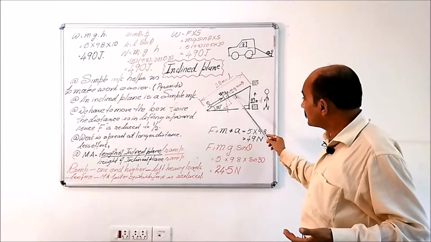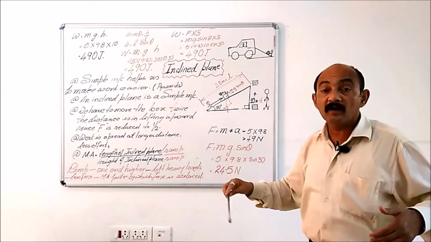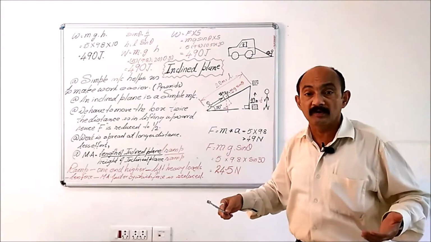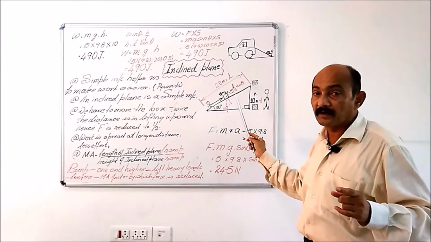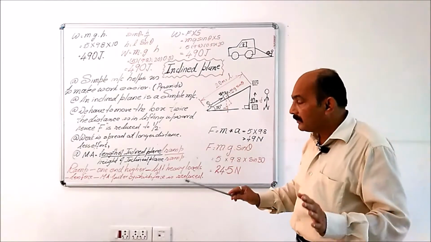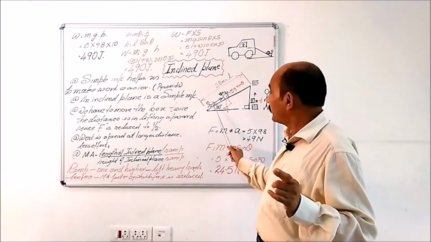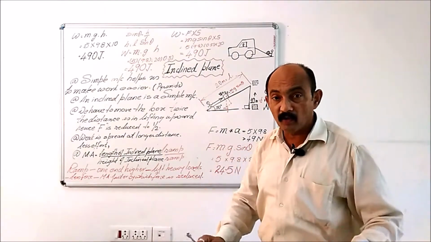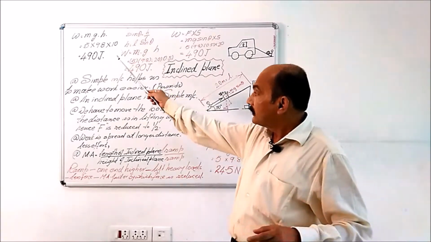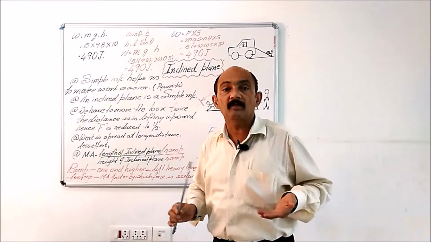That means as this distance will go on increasing, your effort required will go on reducing. But the distance through which you are pushing will be more. Clear? Now we have seen what is the force required. The force required is always less when you are pushing it through an inclined plane, than when you are lifting it vertically upward. The work done is same whether you are lifting it vertically upwards or you are pushing it.